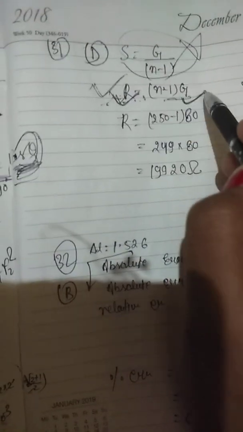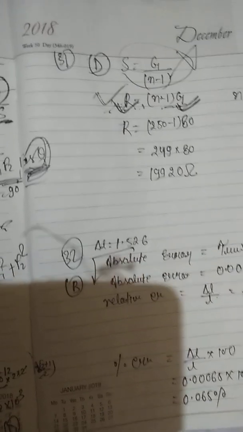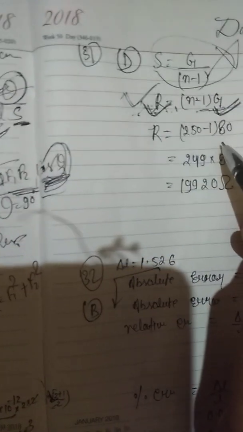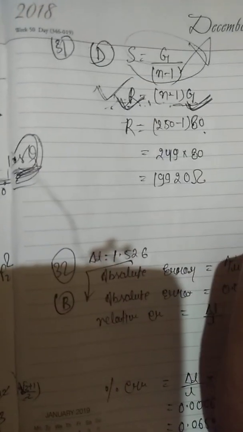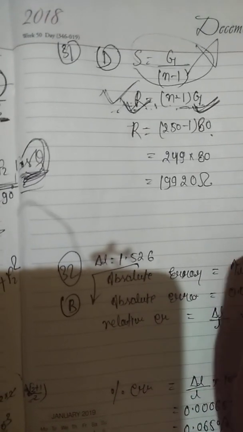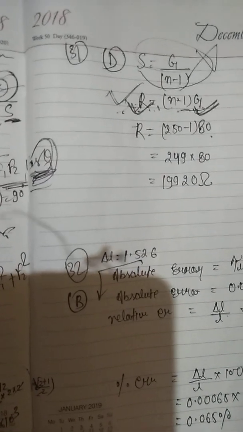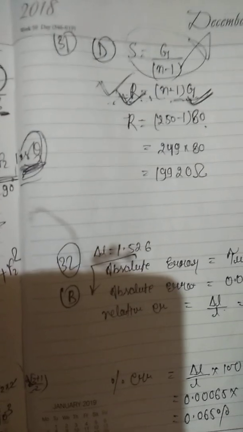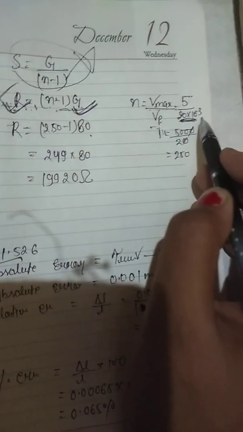R is equal to n minus 1 into G, where G is the resistance of the galvanometer, 80 ohm, and n is Vmax upon V, the potential of the scale which is deflected. So 5 upon what has been given, 20 millivolt. First convert 20 millivolt: 20 into 10 to the power minus 3.